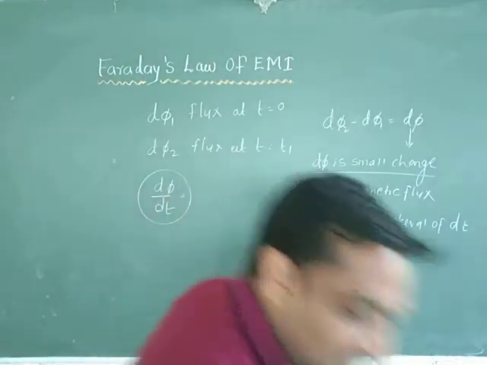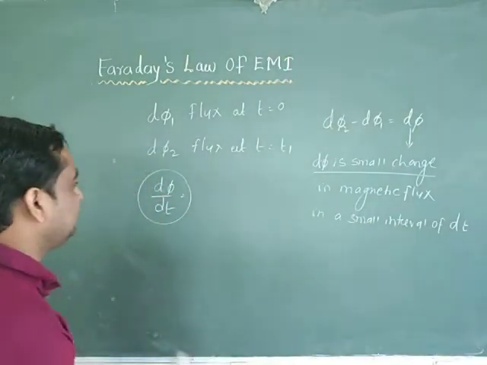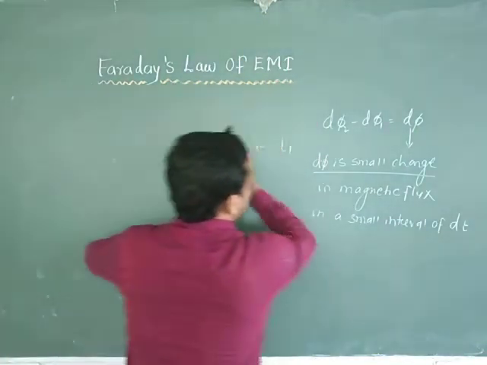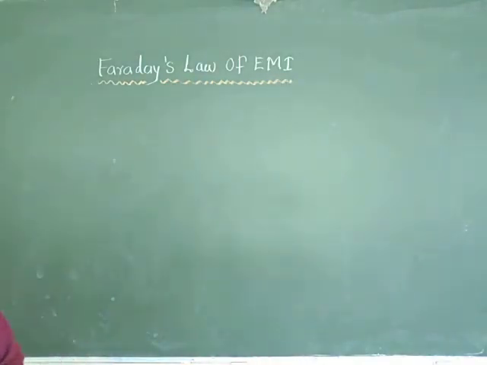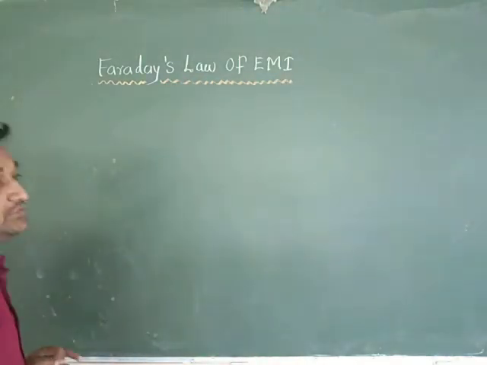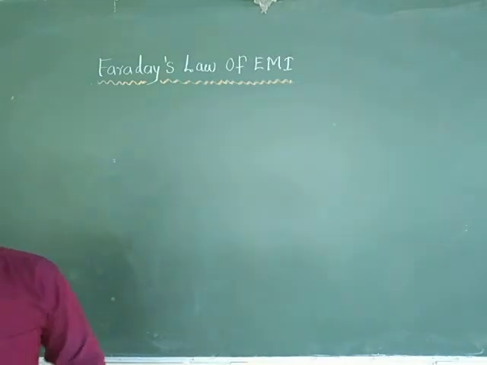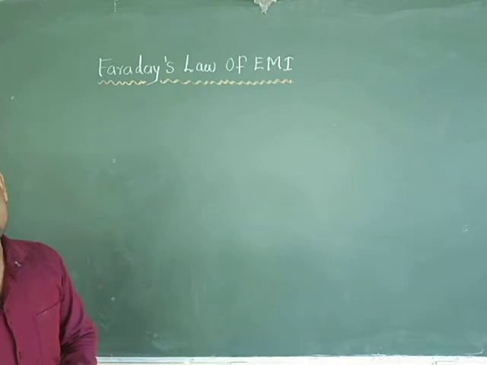Then the induced EMF can be calculated here. According to Faraday's law of electromagnetic induction, the magnitude of the induced EMF is directly proportional to the time rate of change of magnetic flux linked with the coil.